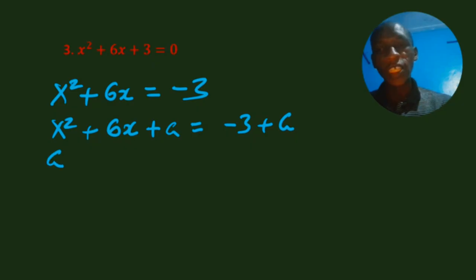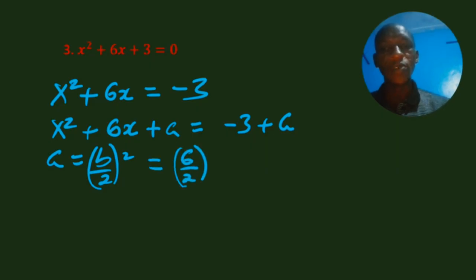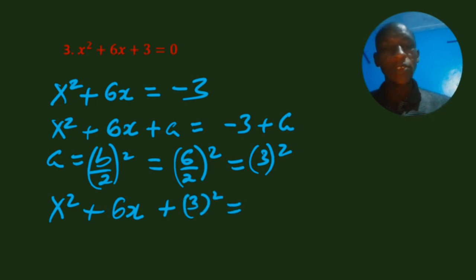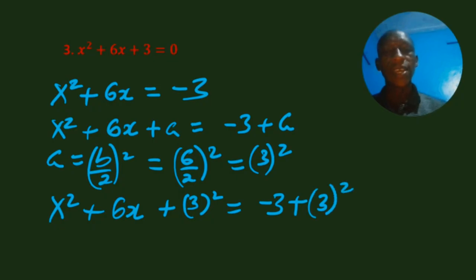So therefore c is going to be equal to b all over 2 squared. And now our b is 6. Divide that by 2 and then you square. That is same as 3 squared. So therefore we shall now complete this side. We shall have x squared plus 6x plus 3 squared is equal to negative 3 plus 3 squared.